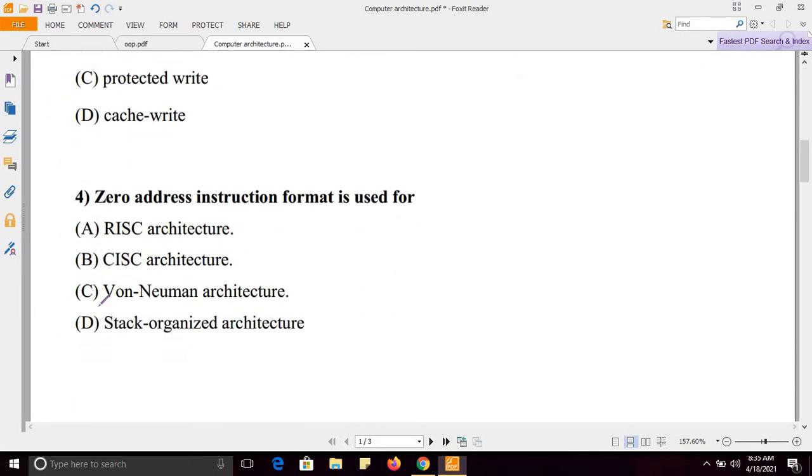Next question. Zero address instruction format is used for.